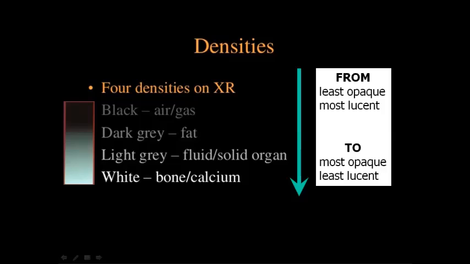From least opaque and most lucent to most opaque and least lucent structures, we will see something completely black in color, it's air or gas, and something completely bright in white color, it's bone or calcification.